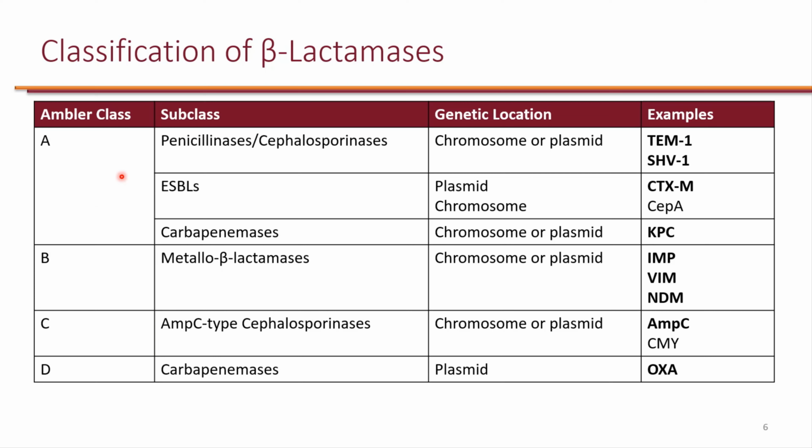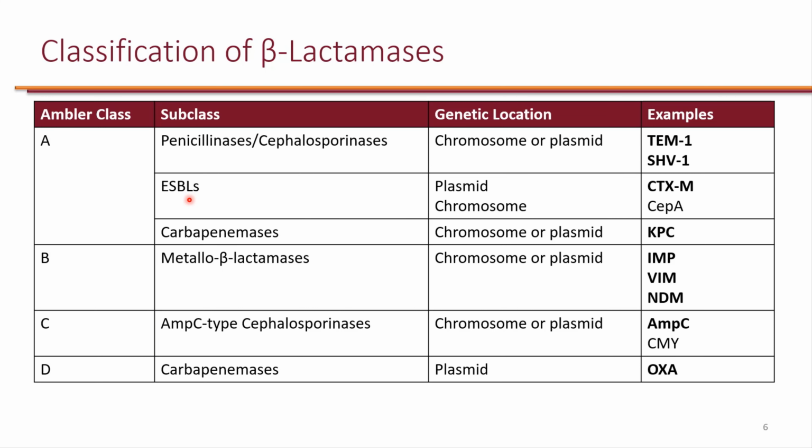Class A can be a bit confusing because it has several subclasses. So first we have penicillinases and cephalosporinases, such as TEM1 and SHV1. And these basically break down penicillins as well as first and second generation cephalosporins. These are sometimes referred to as narrow spectrum beta-lactamases.